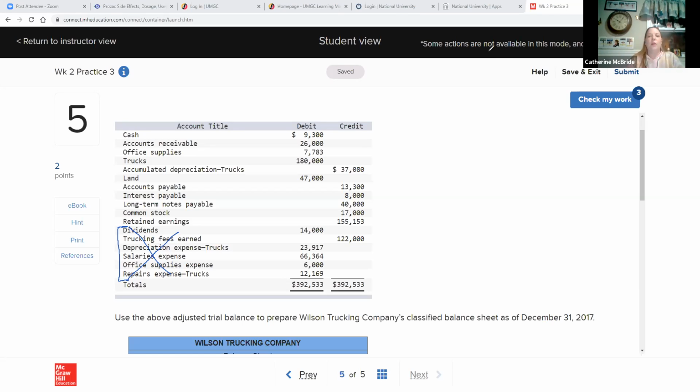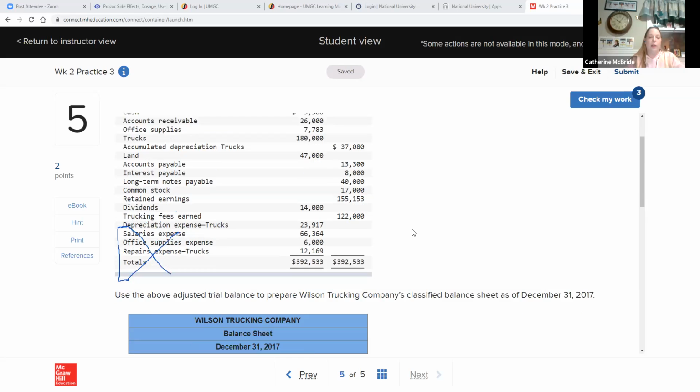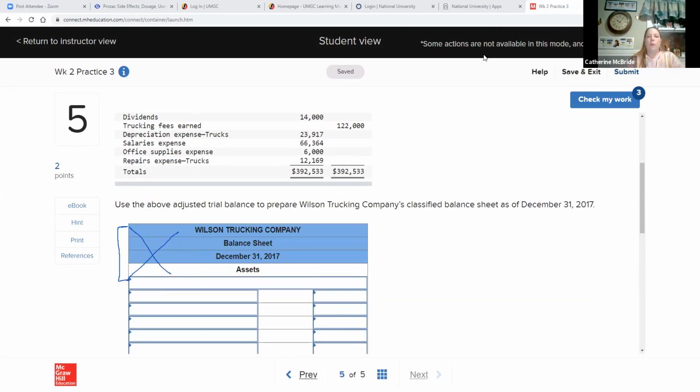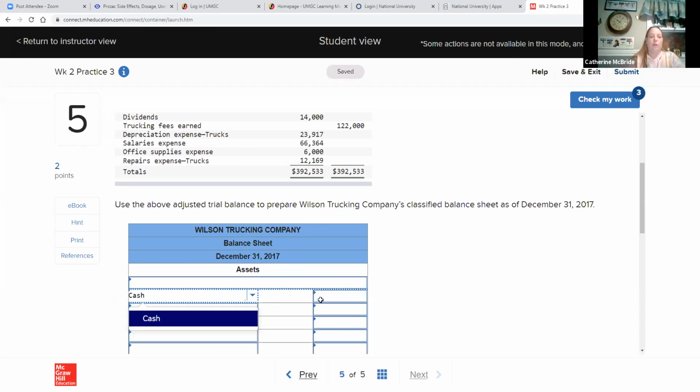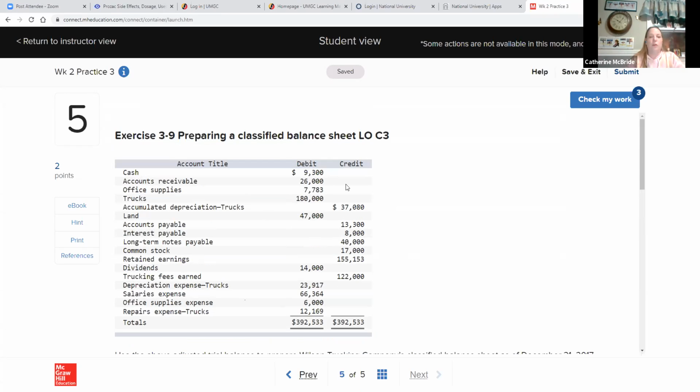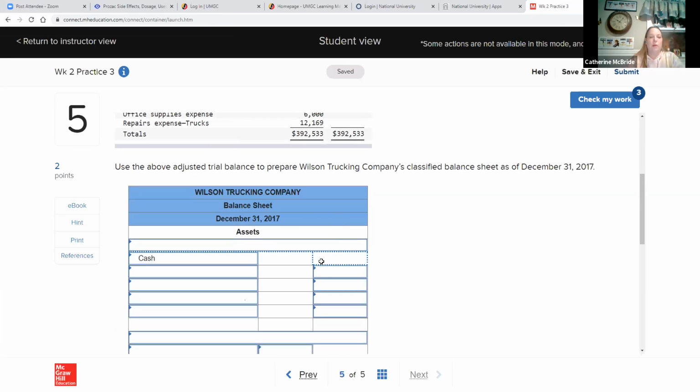So now we can say, okay, the assets go in the order of liquidity. On the trial balance, they're already listed in their order of liquidity. So we can just start with cash, and you're just going to do 9,300.